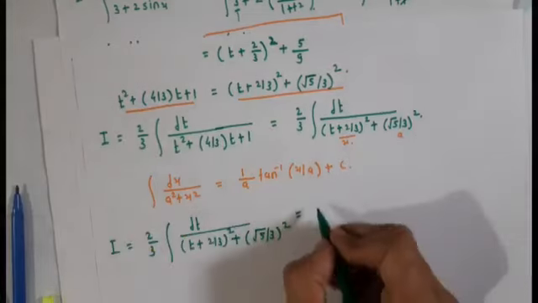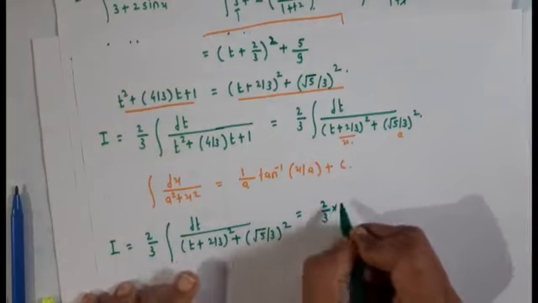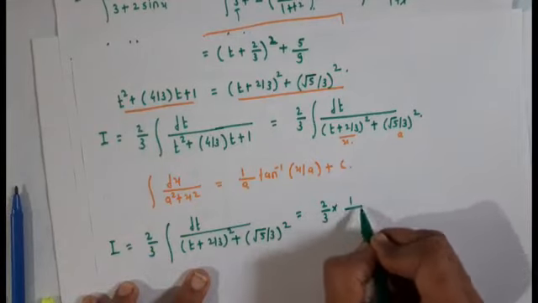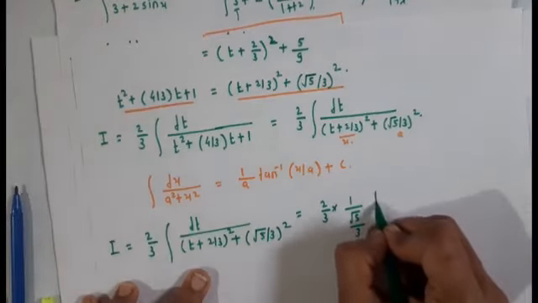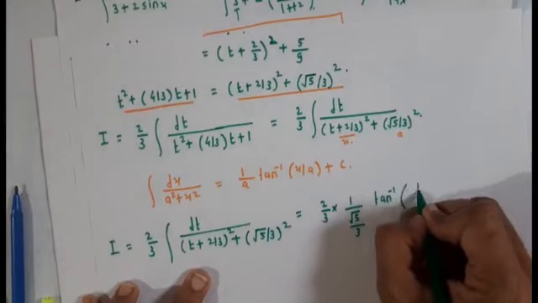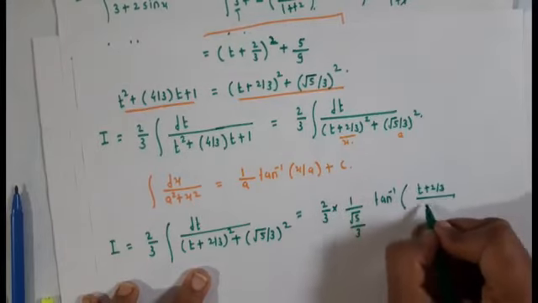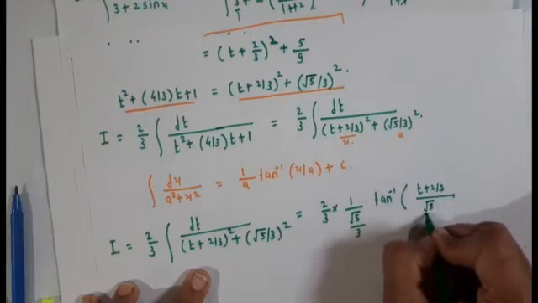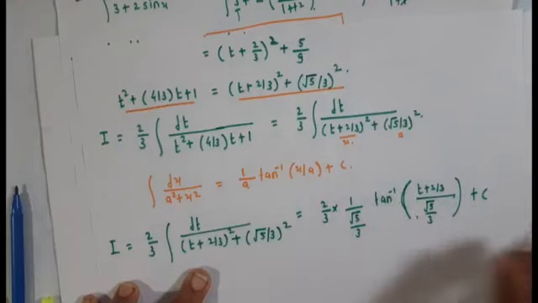The constant 2 by 3 stays as it is, into 1 by a, which is 1 by root 5 by 3, tan inverse of x by a. Here x is t plus 2 by 3 divided by root 5 by 3, plus constant of integration c.